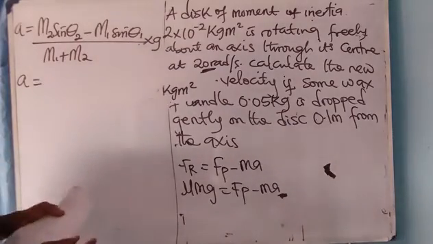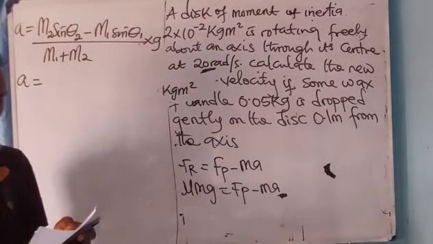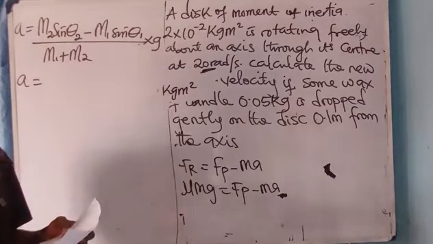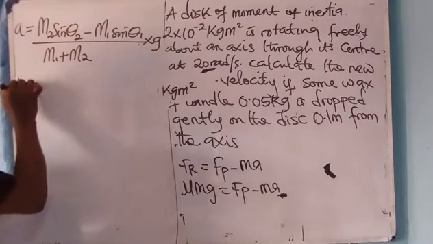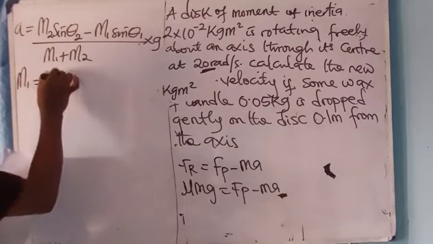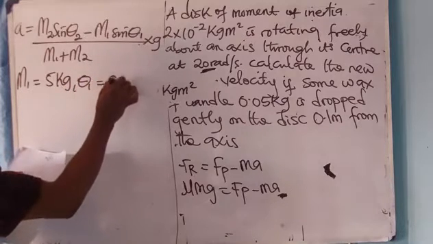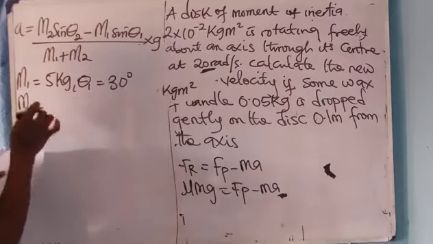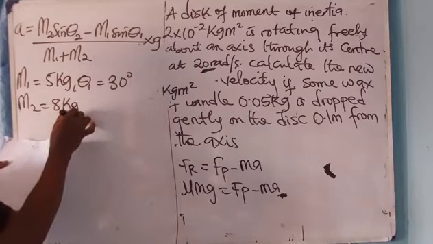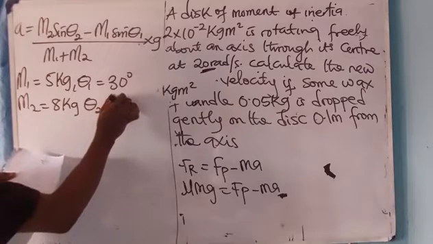I'll read the question again. Two blocks at rest on an inclined frictionless plane connected by a light string passing through a pulley. Find the acceleration of the system if the first mass m1 is 5 kg, and that means theta 1 is 30 degrees. Then m2 is 8 kg at an angle of 60 degrees.